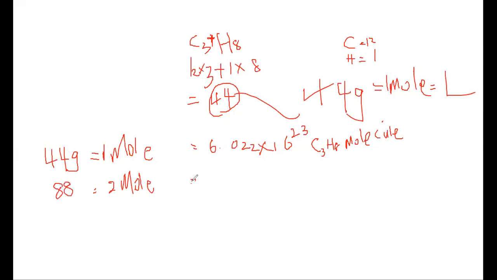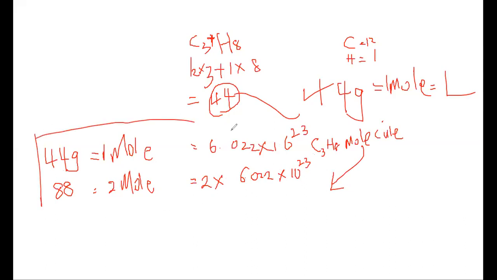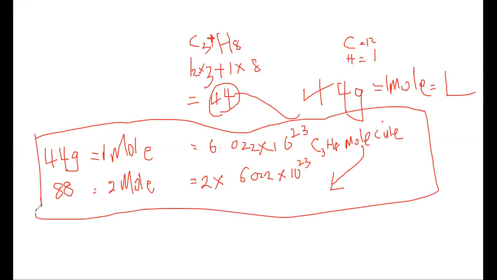How about the molecules? 2 times 6.022 times 10 to the power 23 what molecules? C3H8 molecules. This is the very important part of this one. The relationship between gram, molecules and mole you must know. Let's do another example.